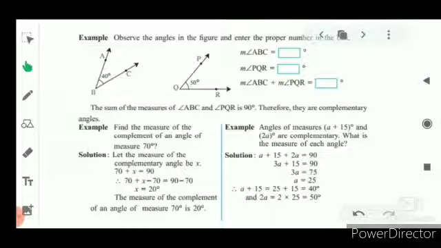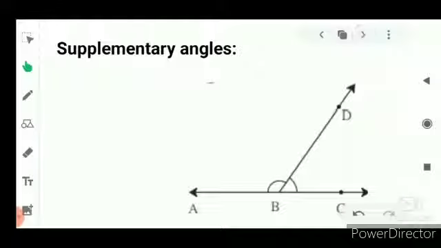Okay, hope you have understood what the complementary angles are and how to solve the examples based on complementary angles. Let's see what are the supplementary angles. Like complementary angles, supplementary angles are also a set of two angles whose sum is equal to 180 degree.